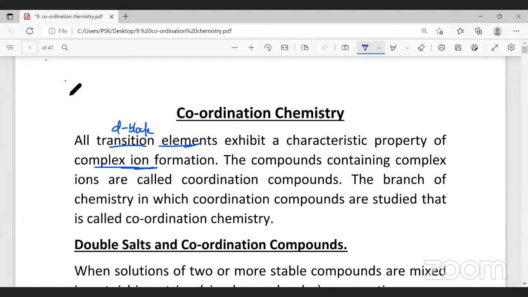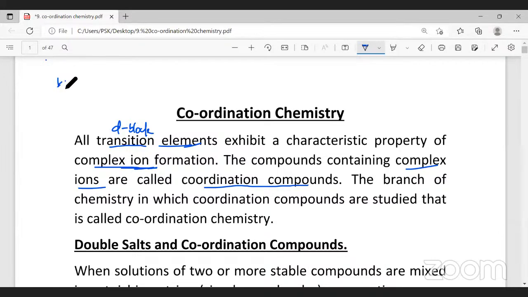So alkali metals will not have the ability to form the complex. Only d block metals will have the ability to form the complex or to form the coordination compounds. The compounds containing complex ions are called coordination compounds.